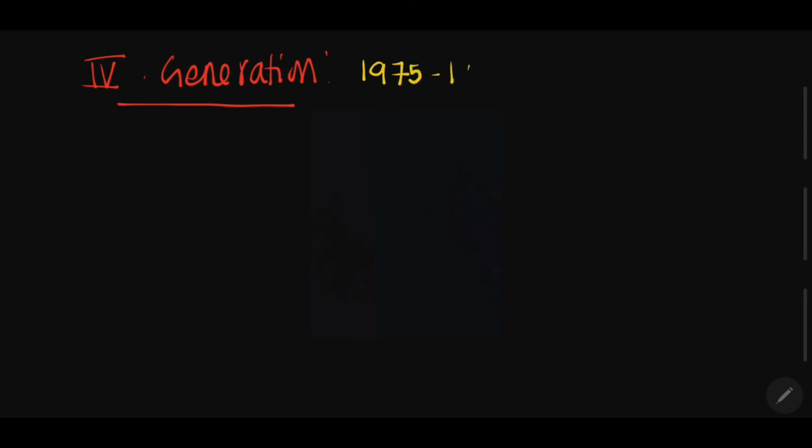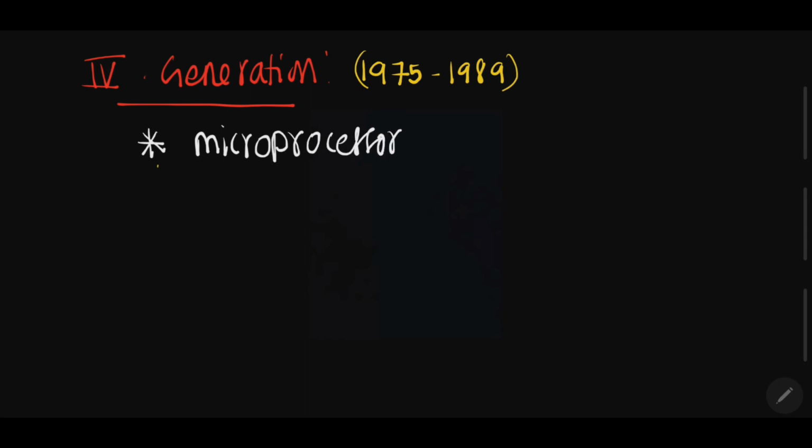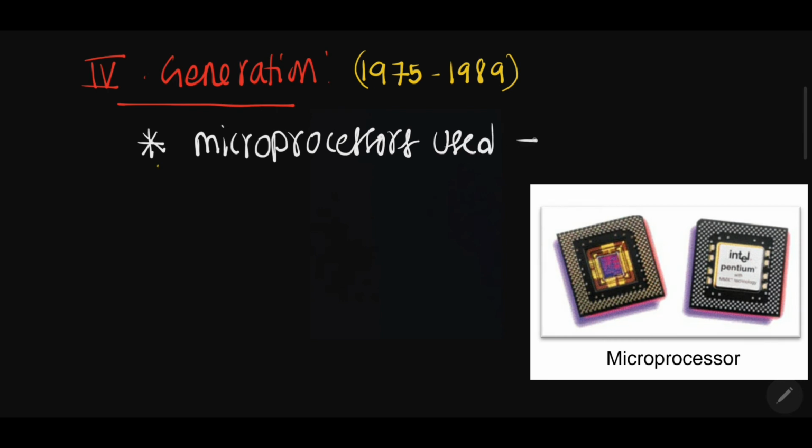Fourth generation computers. The period of fourth generation computers is from 1975 to 1989. Okay, in this technology microprocessors are used.